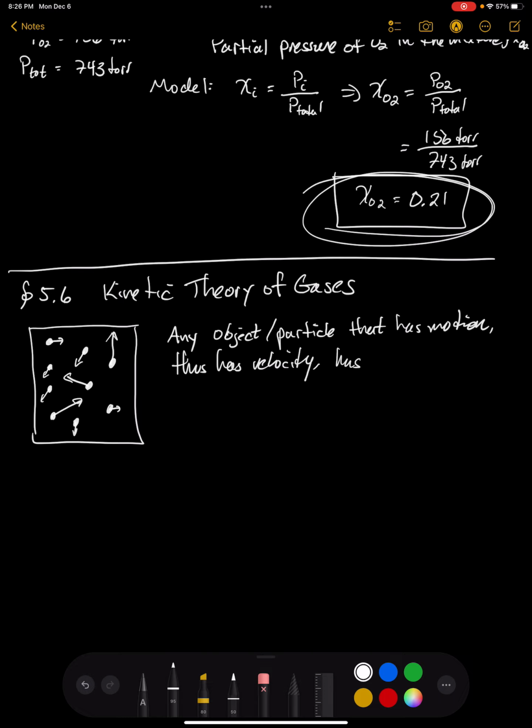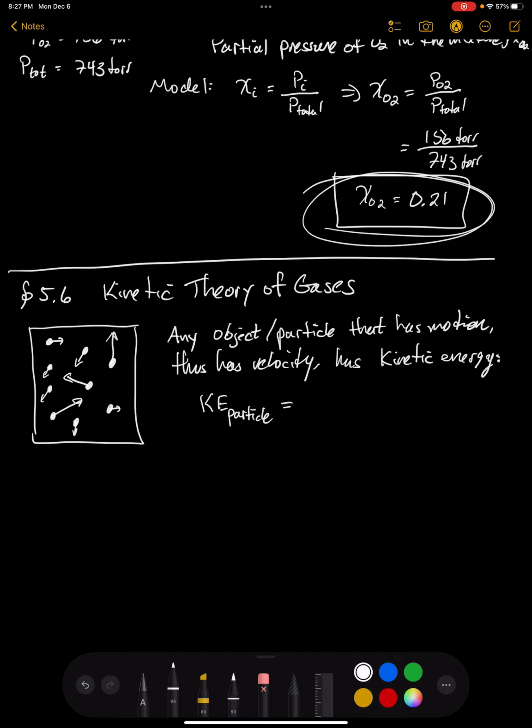And if it has velocity, it has kinetic energy. That is the energy associated with an object being in motion. So how do we define kinetic energy? Well, the kinetic energy in general is defined as 1/2 times the mass times the velocity squared of that particle.